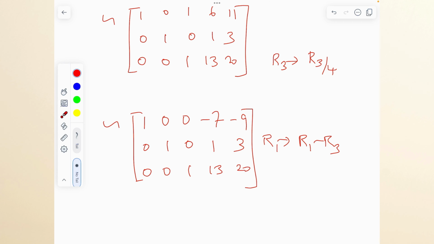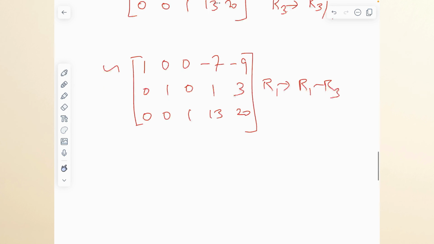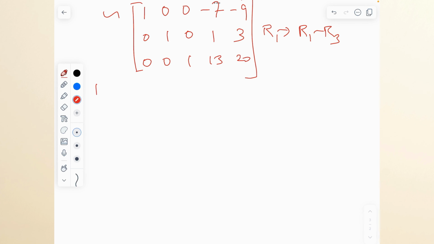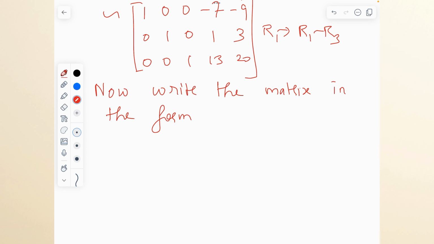Alright. Now we are going to write this in the form of the matrix Ax is equal to B. Now write the matrix in the form of Ax is equal to B. So this is the A part, and the remaining x is the variable part, and B will be coming on the right side.